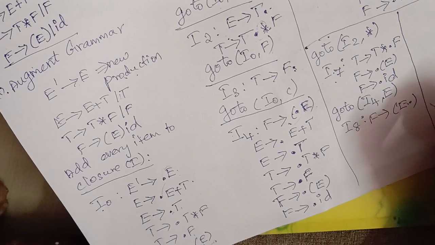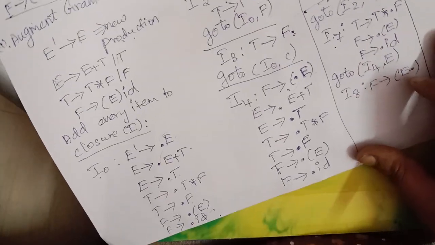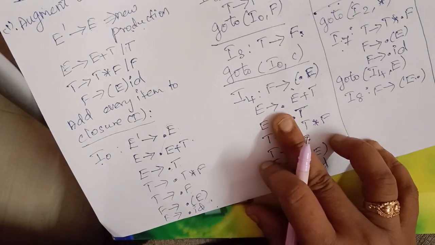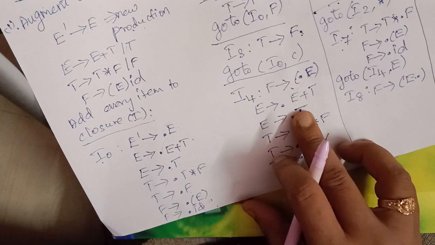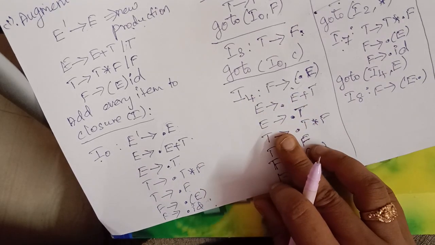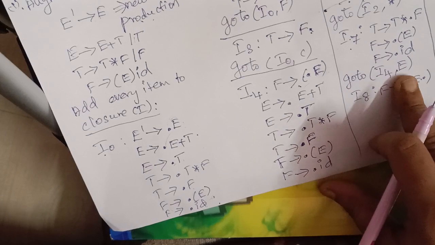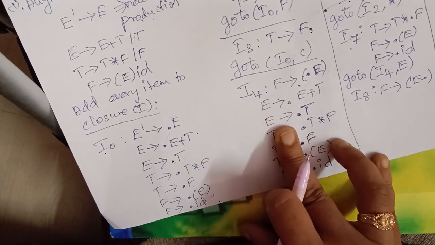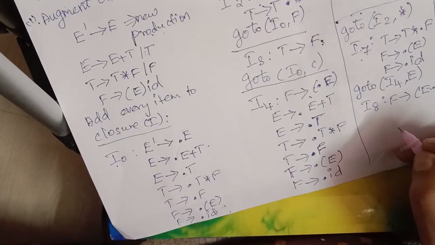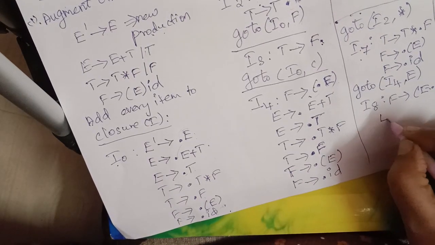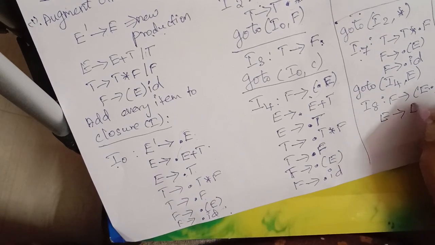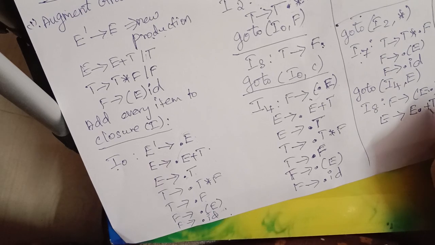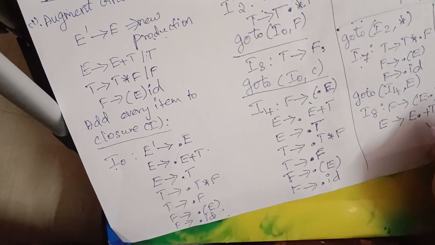In I4 itself we have this value, dot E is there, so I can derive this. Since I4 comma E is given, we can see the productions of E here: E tends to E dot plus T. After this it is a terminal value, so just leave it as it is.